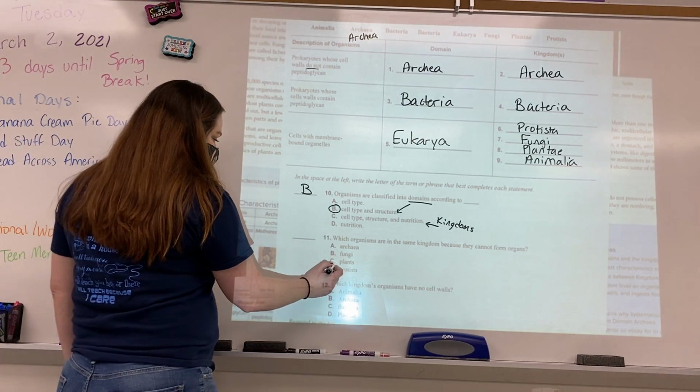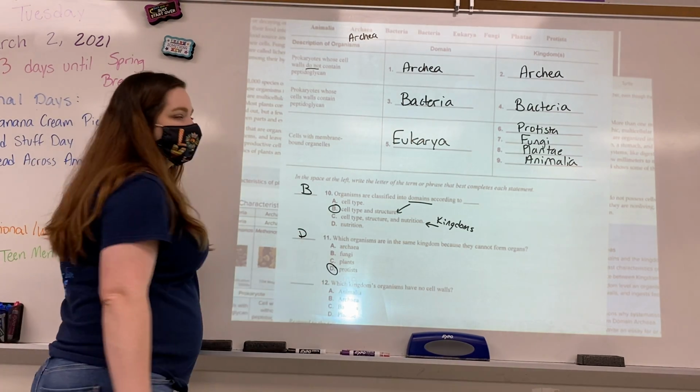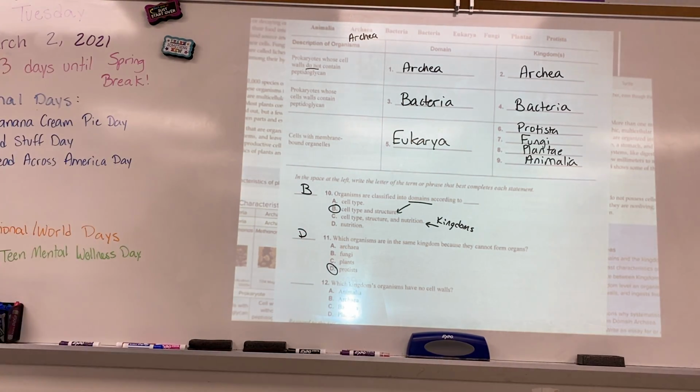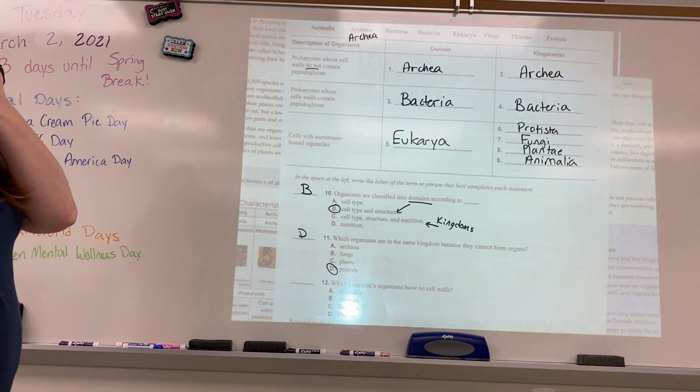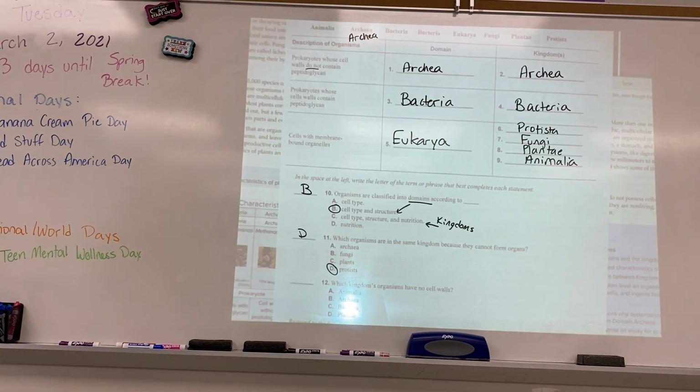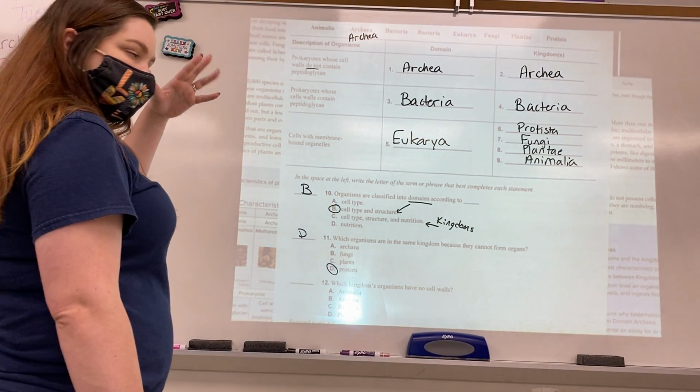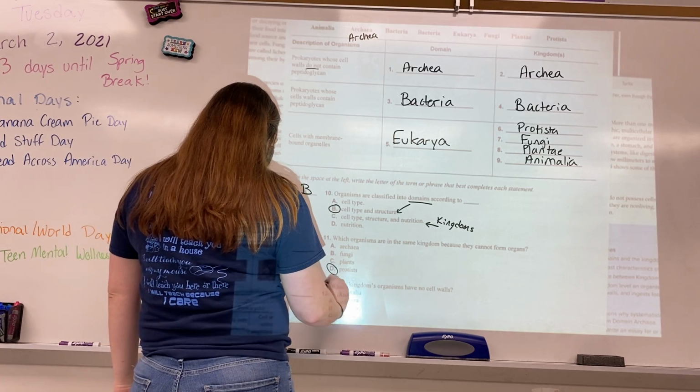Protista are eukaryotes that do not have organs, that cannot grow organs, but they are still classified as eukaryotic organisms. Number 12: which kingdom's organisms have no cell walls at all? A, Animalia. That's us.